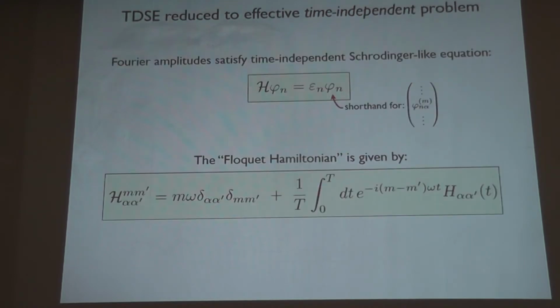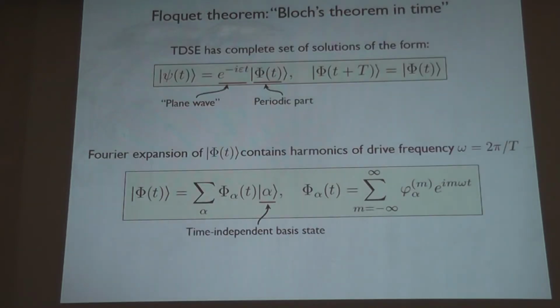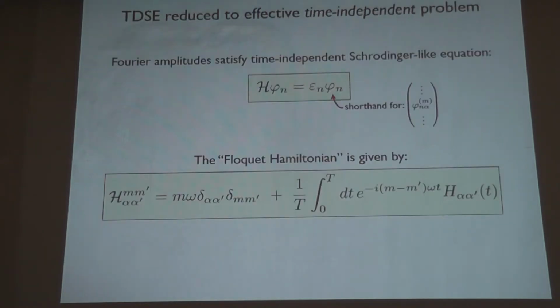And what I get is something magical. This phi now is a shorthand for the list of all of these Fourier coefficients that I had to describe my state, stacked up into a big vector. Amazingly enough, this giant vector of Fourier coefficients satisfies something that looks like a time-independent Schrodinger equation.